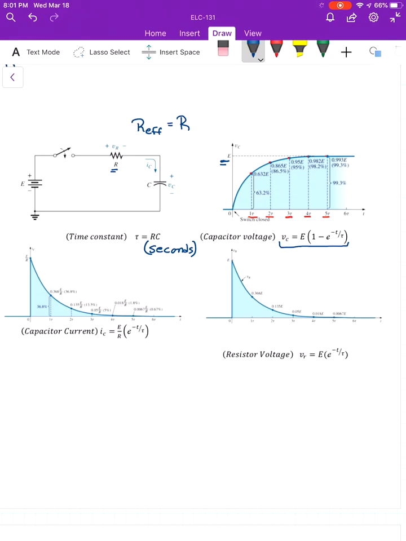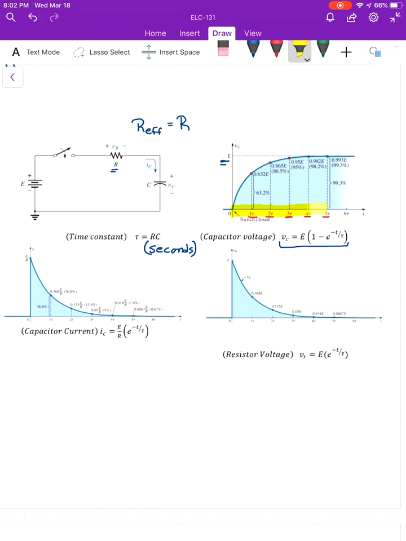So basically, if our time constant is 1 second, this would take 1 second to complete that portion of our charging phase. This would take 2 seconds, and then after 3 seconds, we would be here at 95% of that maximum value, and at 4 seconds, we would be here.